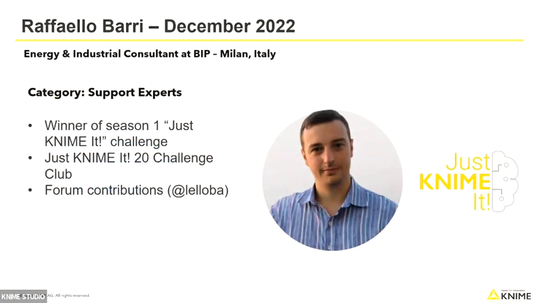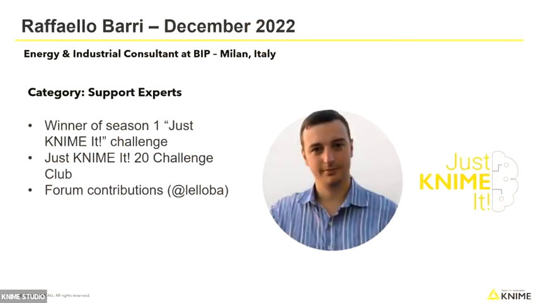So our first awardee this year is Raffaello Bari from Italy. We know already that Raffaello is the winner of season 1 of the Just KNIME challenges. We have heard that many times, and of course, he's a great forum contributor. He has shared so many workflows on his KNIME Hub.